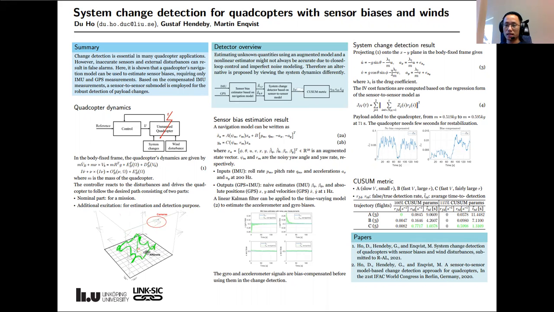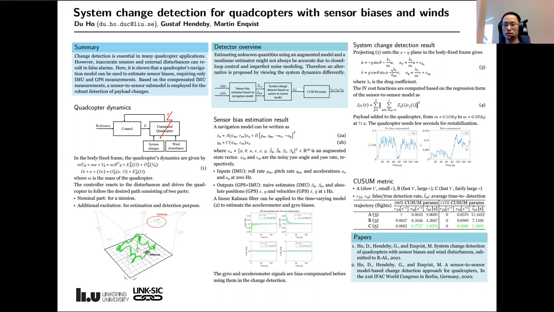For the second step, we reuse the IMU data after we remove the sensor bias, and apply a sensor-to-sensor model. The cost value we consider here is the instrumental variable cost value, computed by equation 4.